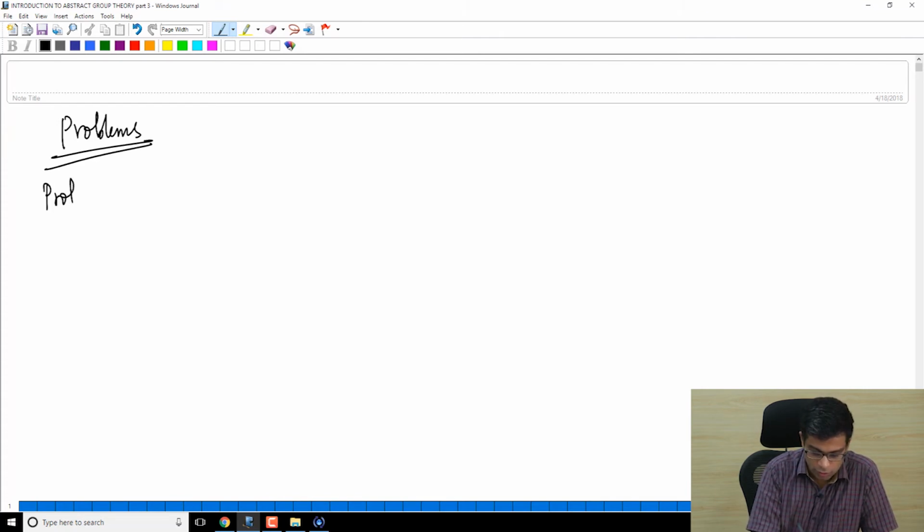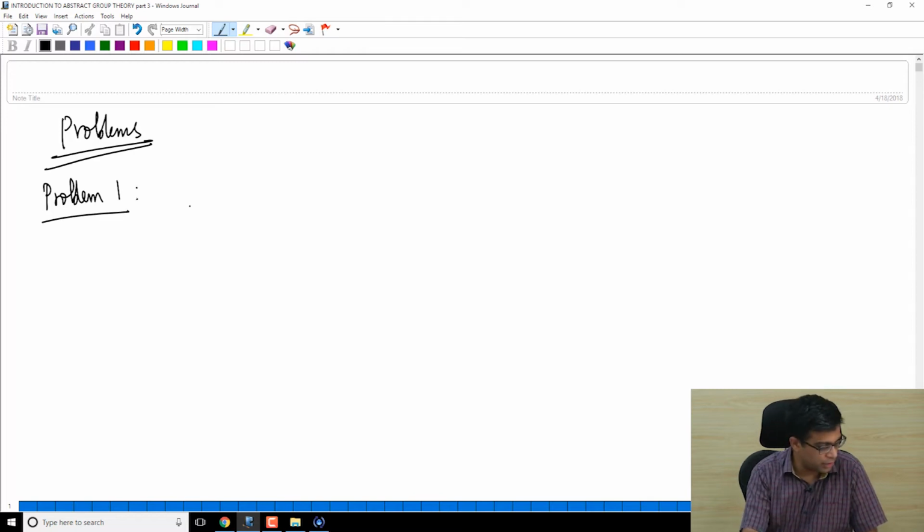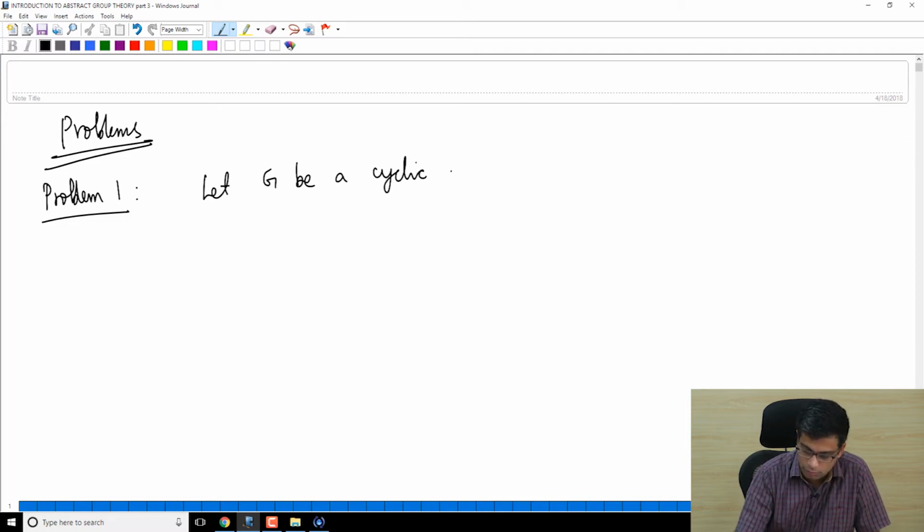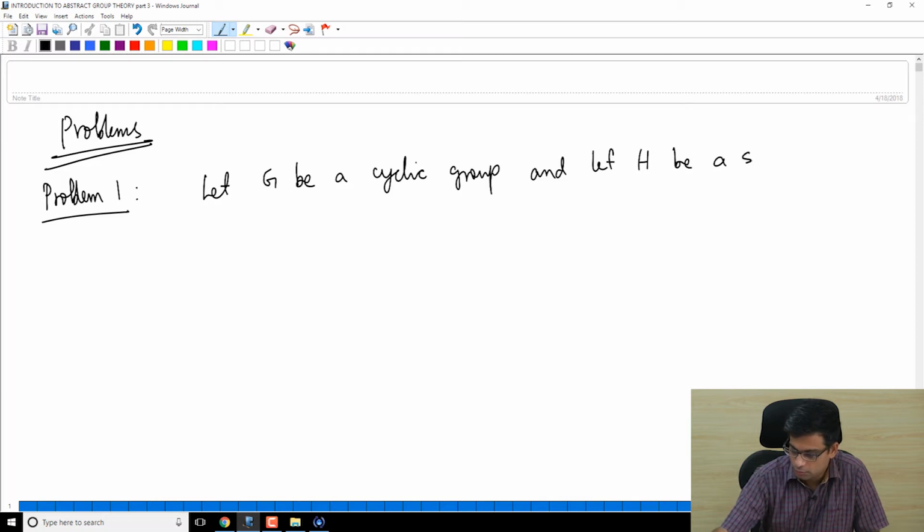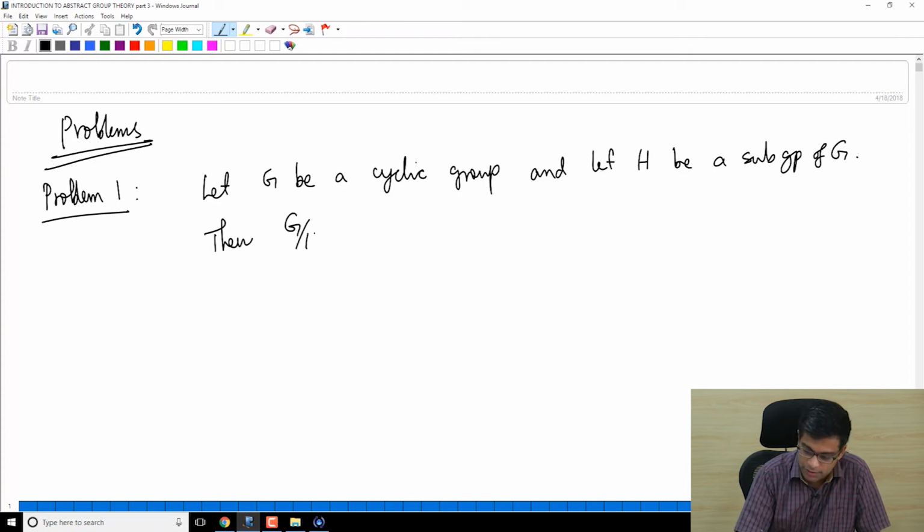So here I am doing problems. Problem 1. Let's start with a couple of very easy problems just to get started. Let's say G is a cyclic group, and let H be a subgroup of G. Then G mod H is cyclic.